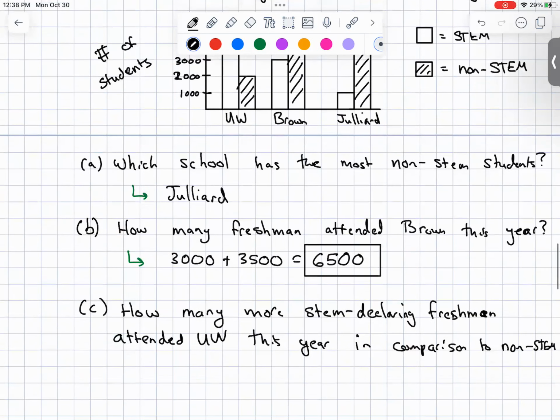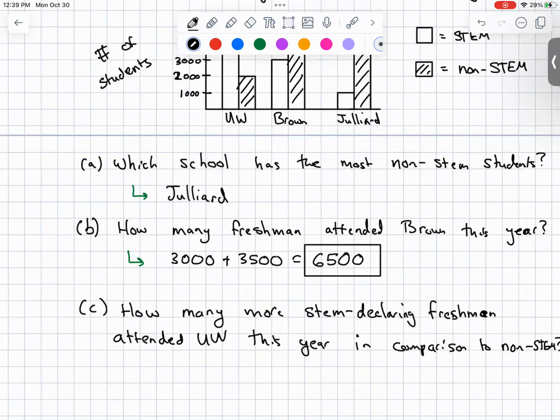How many more students were STEM at UW in comparison to non-STEM? This would be taking the difference between the two. If I wanted the total number of students, I'd add those together.